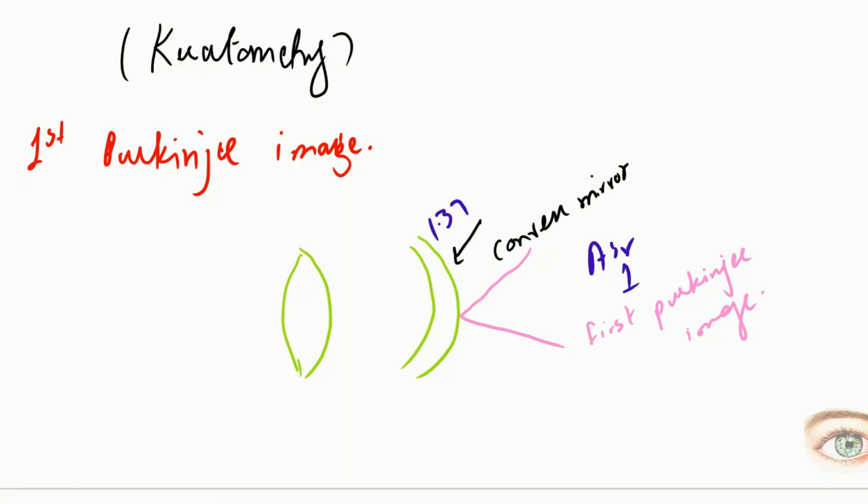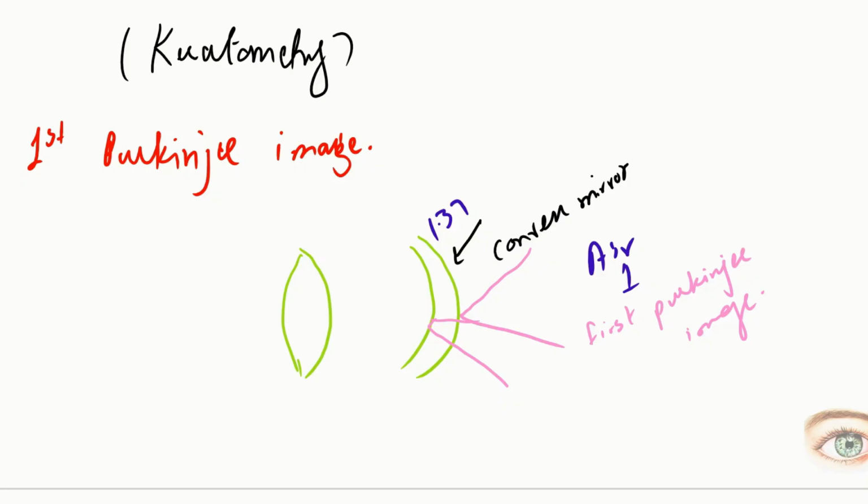Now, the second Purkinje image, which is found at the posterior surface of the cornea, also acts as a convex mirror, but because there is no huge difference between the refractive indices, this image is not going to be as bright as the first one, right?